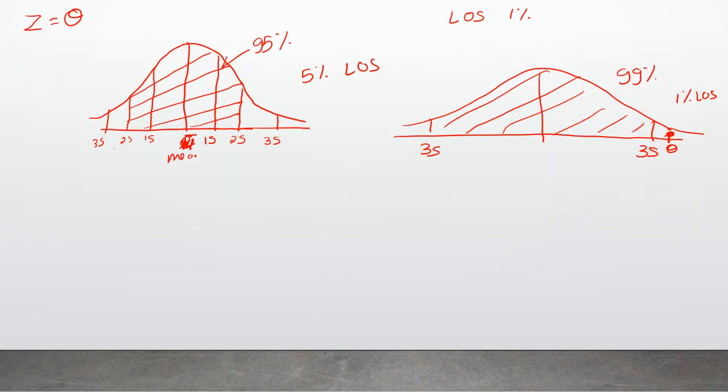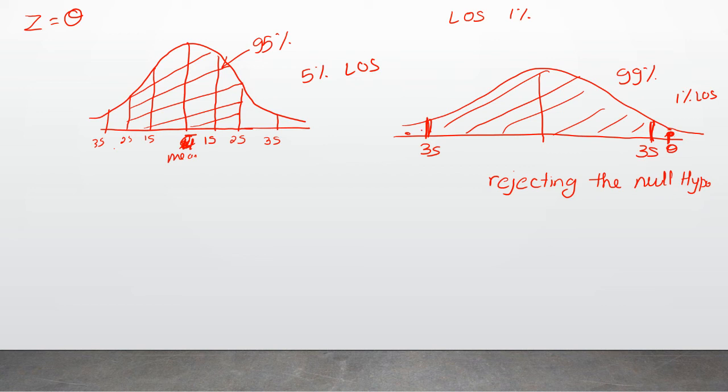Then, if you are getting your theta value somewhere here, that means you are rejecting the null hypothesis. Here the theta value is either crossing this 3 sigma or this 3 sigma.